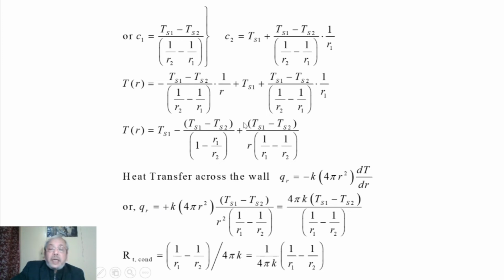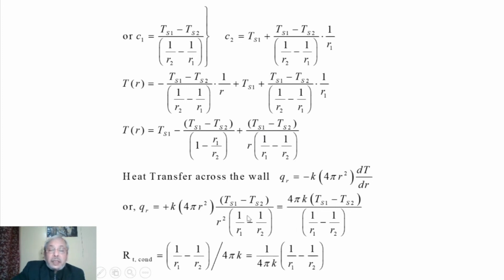When we find dT dR, after finding the derivative, minus K dT dR, we can see that the minus gets absorbed into a plus, and of course some rearrangement has also been done here. TS1 minus TS2, this will be minus 1 by R square after differentiation.